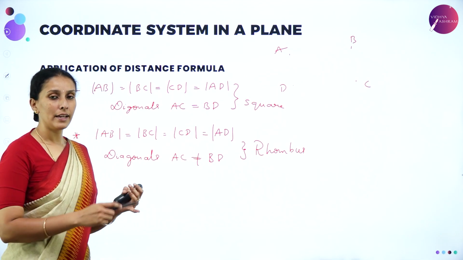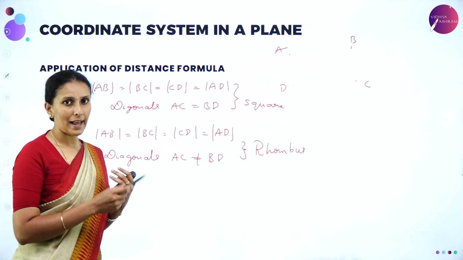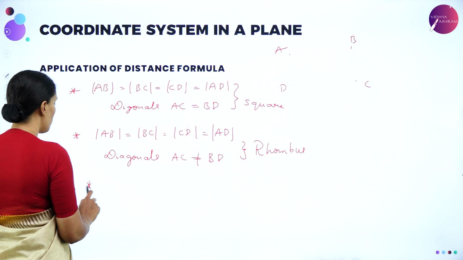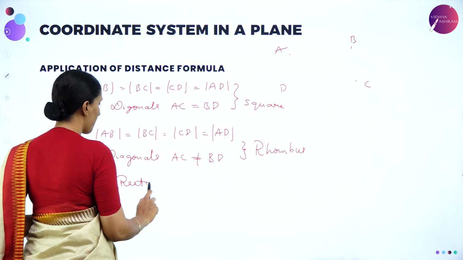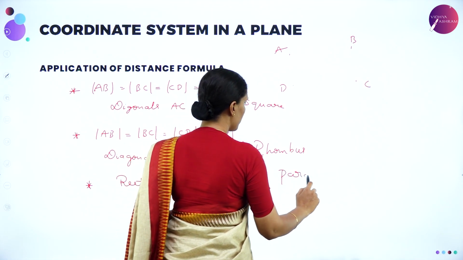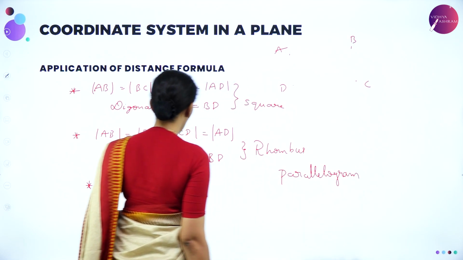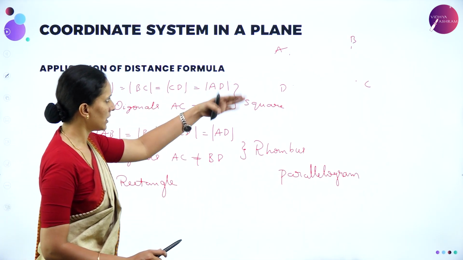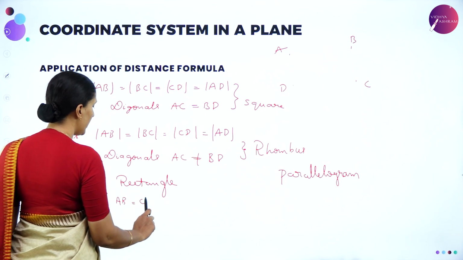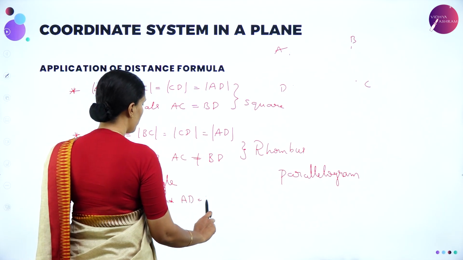Same case for a rectangle and a parallelogram. We know that in both a rectangle and a parallelogram, opposite sides are equal. So to show that it is a rectangle or a parallelogram, we can show that the opposite sides are equal, AB is equal to CD and AD is equal to BC.